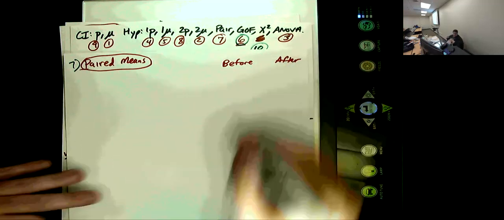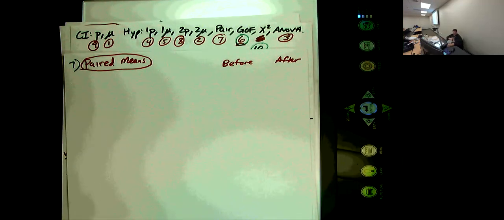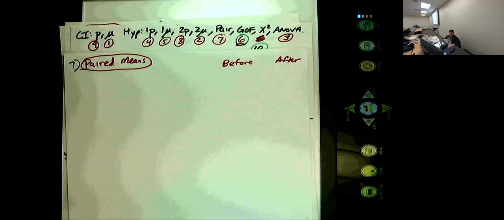On this one, this was the sales program one. And they want to know if the sales program is effective in increasing sales. If the sales program is effective in increasing sales, should before be greater than or less than after? After should be the bigger number, right? So after should be the bigger number, the alligator will bite for after.